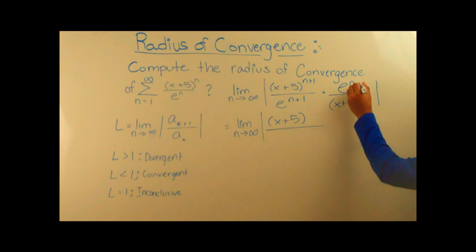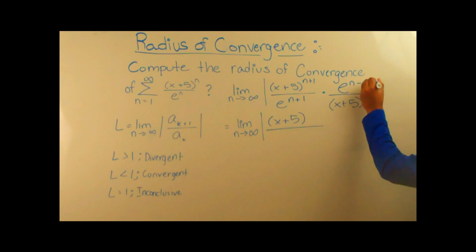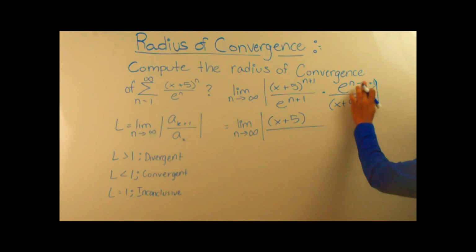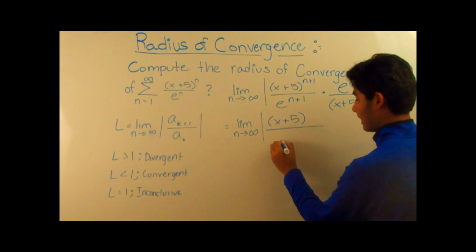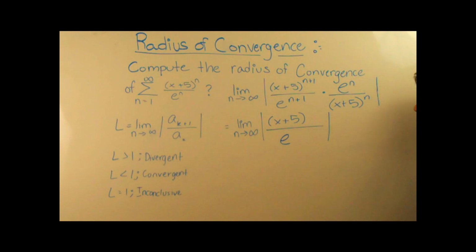So this is e to the minus n plus 1, which is the same thing as e to the negative first power. So e to the negative first power in the numerator is the same thing as e to the first power in the denominator. Now we can see that these are all constants.